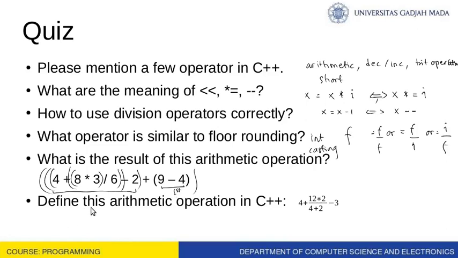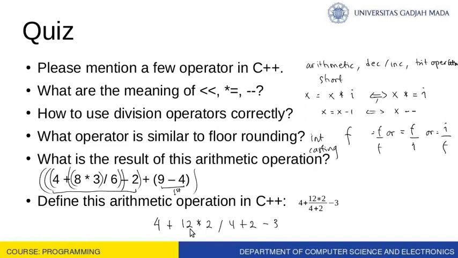Okay, and then define this arithmetic operation in C++. So I have this expression in mathematical form, and I will convert it into a C++ expression. So I will have 4, and then plus 12 multiplied by 2 divided by 4 plus 2 minus 3. You have to be careful that you do this 12 multiplied by 2 first.